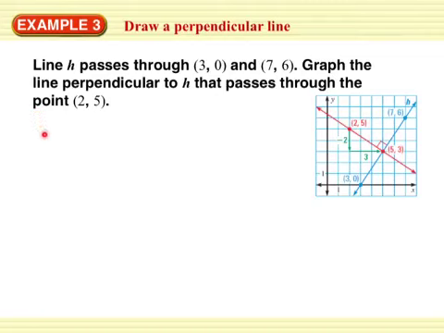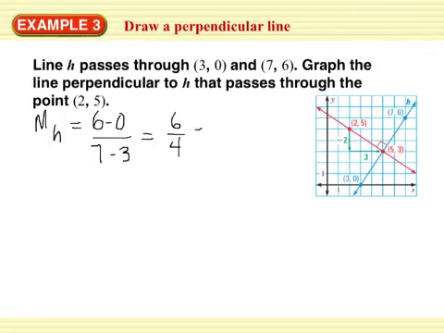So line H, let me erase that. The slope of H is 6 minus 0 over 7 minus 3. I get 6 over 4, simplifies to 3/2.